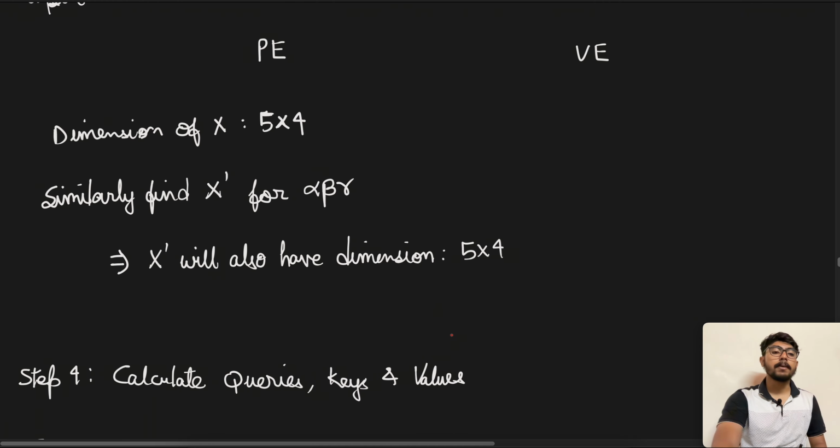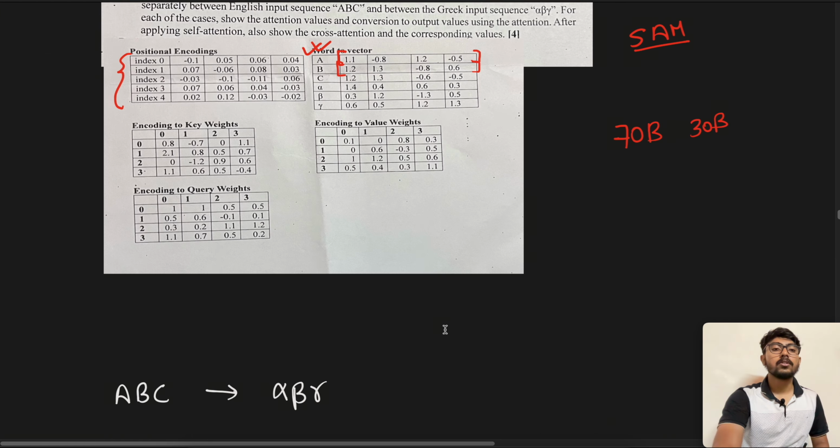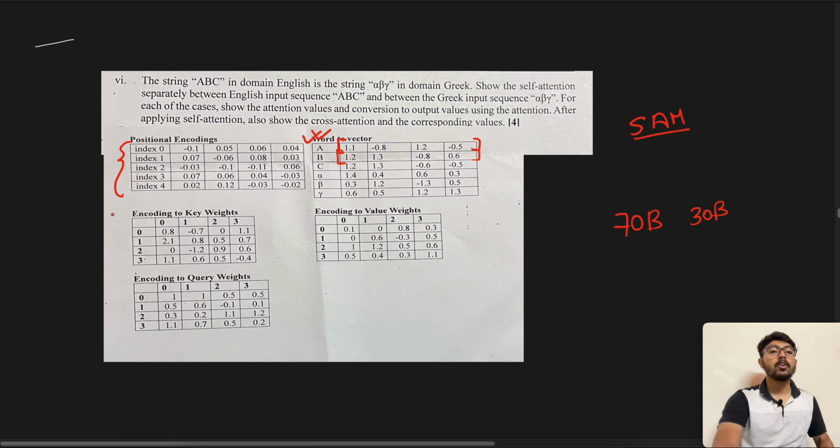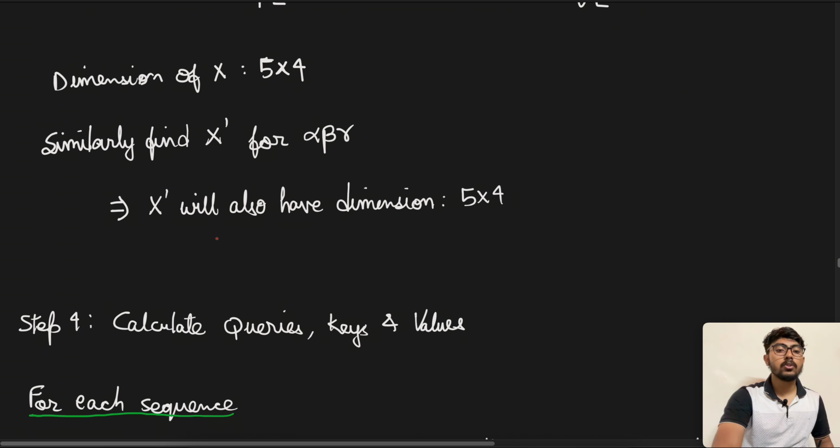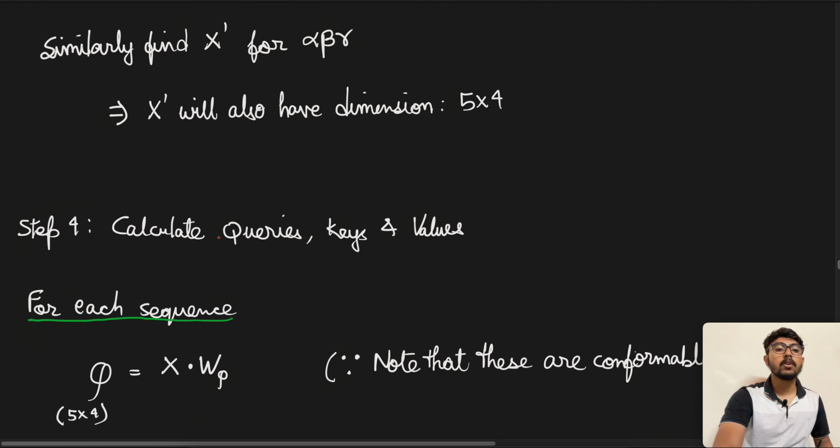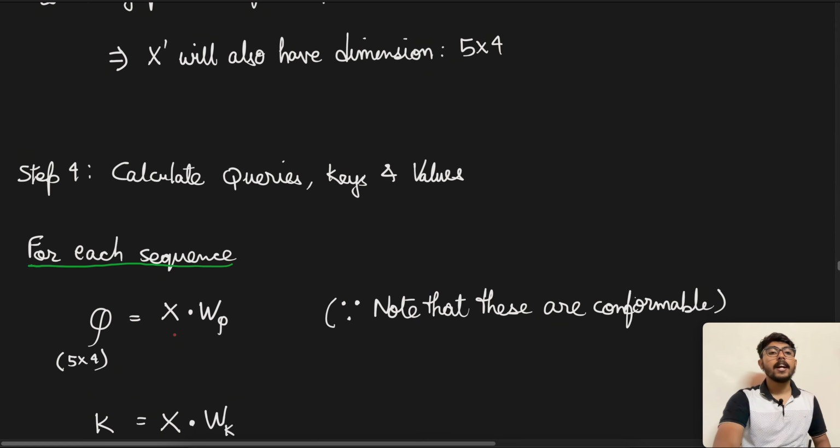Next we move to step 4, which is calculate queries, keys and values. If we go to the question, we see we have got 3 matrices: key weights, value weights and query weights, right? So this step will involve, for each sequence, finding the query matrix, which is again going to be 5 cross 4, and it is going to be x multiplied with Wq.